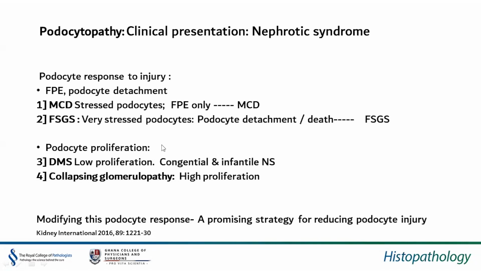You can also have podocyte proliferation. Now, actually, podocytes are terminally differentiated cells. They do not really undergo multiplication. But there are certain types of podocyte injuries where this does occur. A low degree of proliferation may occur in diffuse mesangial sclerosis, which results in congenital and infantile nephrotic syndrome, and a very high degree of proliferation occurs in collapsing glomerulopathy, which is known to result in very severe nephrotic syndrome and has a very fulminant course.